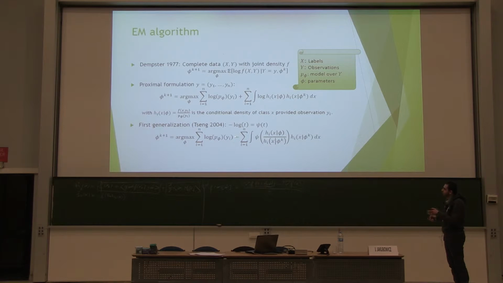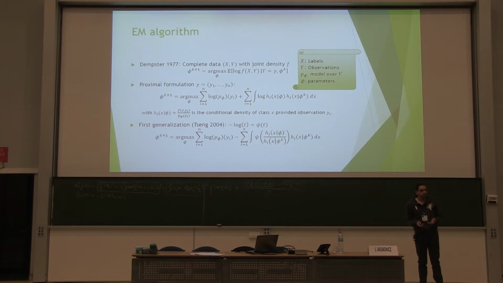But if we take into account the minus, then we are adding a convex function psi, which needs to be a non-negative function. So the generalization stays in the same sense as the EM algorithm, which means that we always have the maximization of the likelihood.